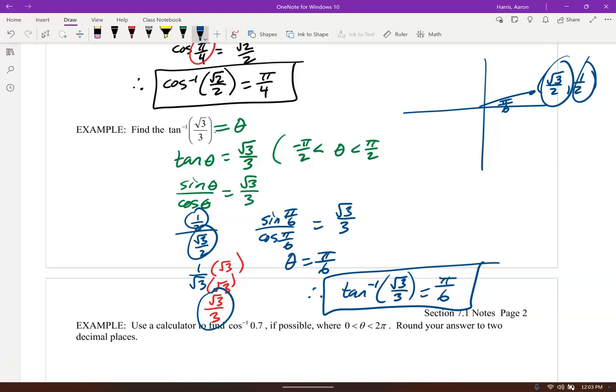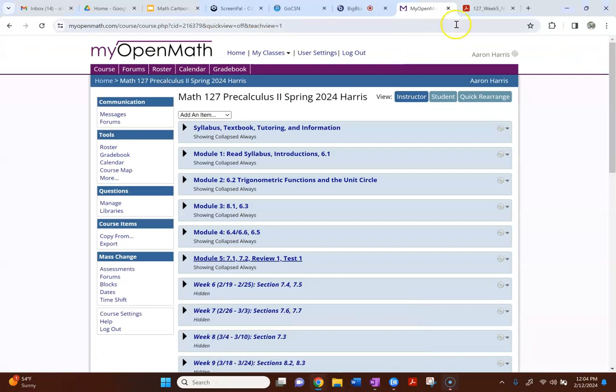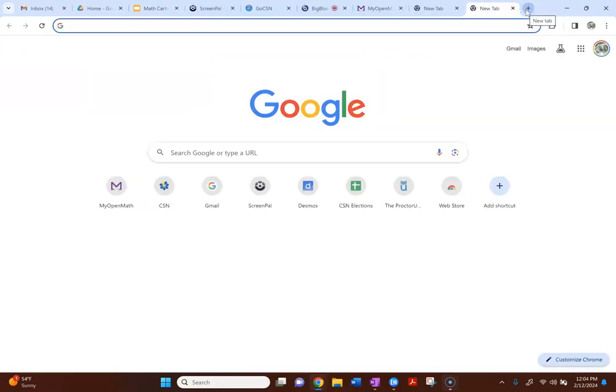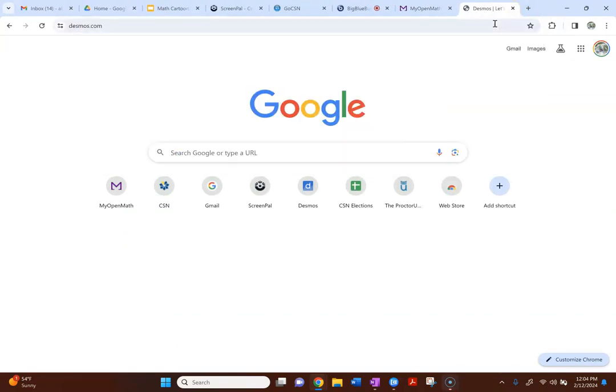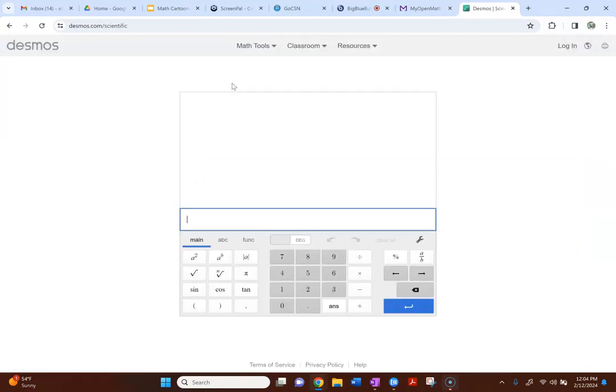Okay, all right, let's do some with a calculator now. So pull up your Desmos. This is the calculator, of course, you can use on the exam. Basic scientific calculator. Let's pull that up. Notice right now I'm in degrees.